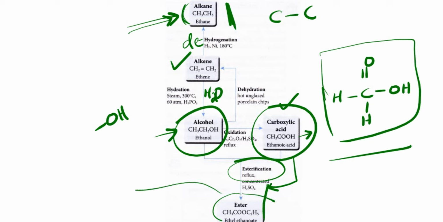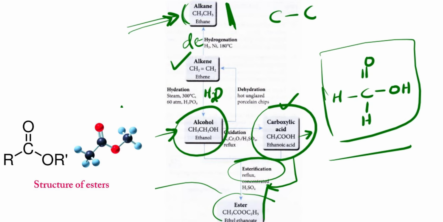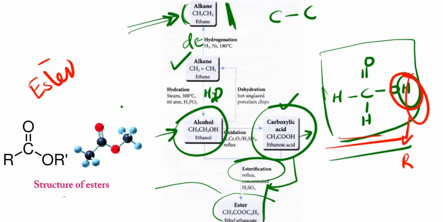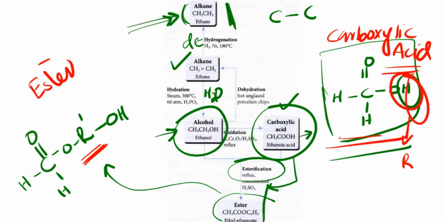Now this ester can be drawn this way: this carbon is attached with a double bond to oxygen, again hydrogen, again this hydrogen, and this O and then R. This H is replaced with R and it is formed as ester. This is ester and this is carboxylic acid. When it is treated with sulfuric acid, this esterification is done and we get an ester.